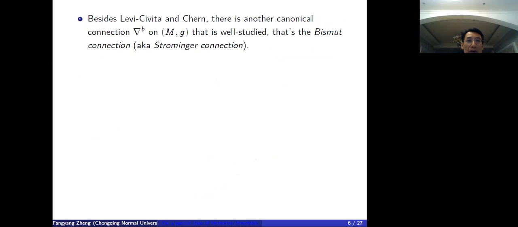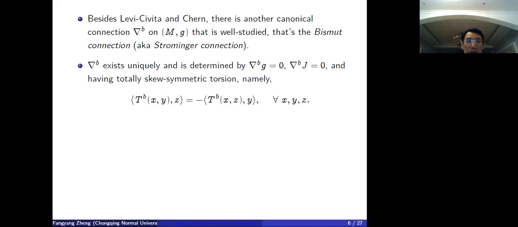Besides Levi-Civita and Chern, there's another canonical metric connection that is called the Bismut connection. The definition is that it's the unique metric connection that is compatible with J, and also the torsion is totally skew-symmetric. Namely, torsion is a 2-1 tensor, right?